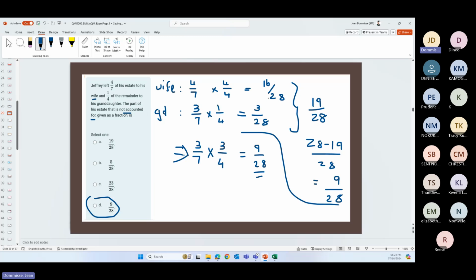If we add those together, they are getting 19 out of 28. So what is left is 28 minus 19, which also gives us 9. So this one is a bit of ratios with fractions, and we need to work out the fraction that is left.